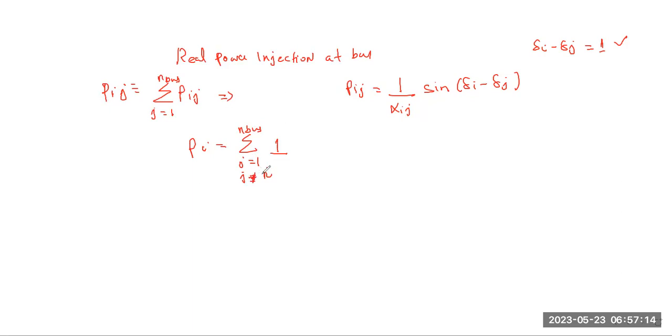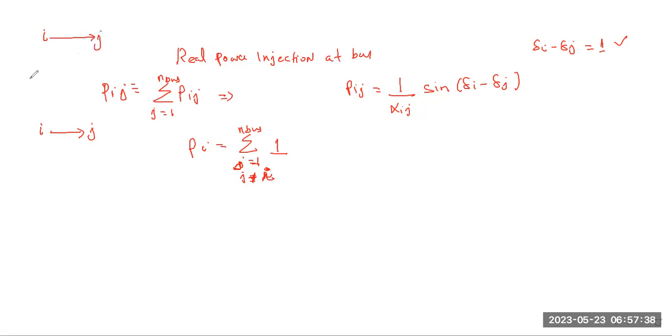You are taking from bus one because the starting point is i and you go from i to j. So j should be equal to 1 and j should not be equal to your i value. I is the start point, then the terminating point is j.